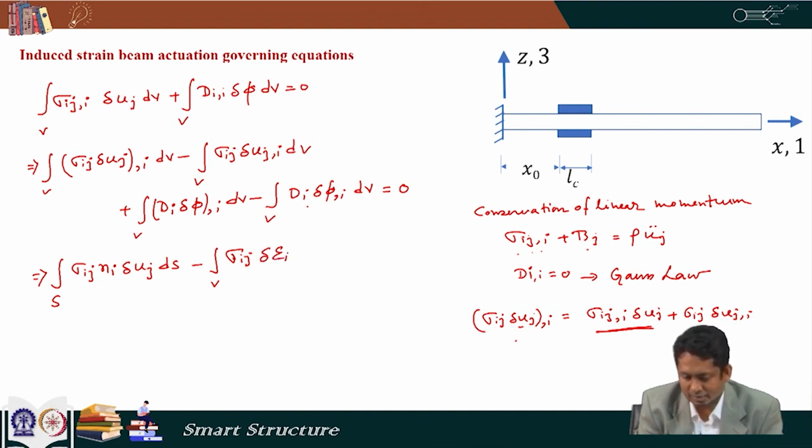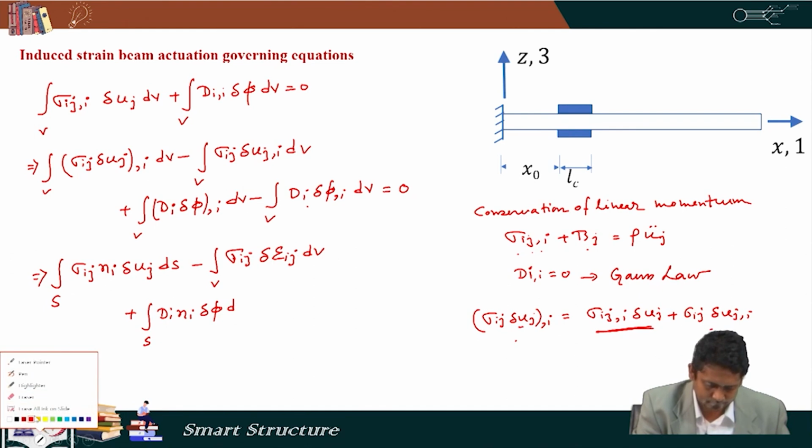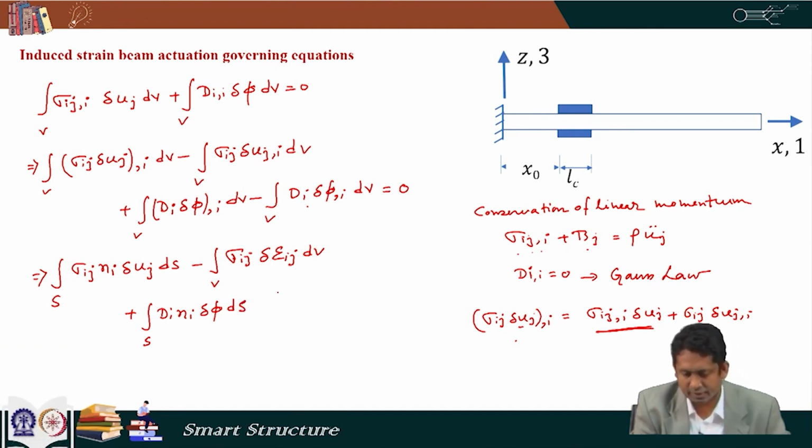So, this becomes epsilon ij, and then we have di ni, then variation of the potential phi. So, it is a surface integral and here we have di.